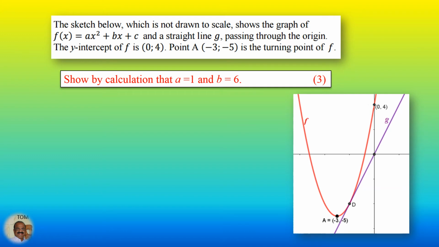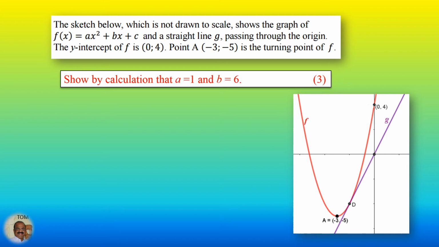Show by calculation that a = 1 and b = 6. Where are these a and b? It's in the equation f(x) = ax² + bx + c.